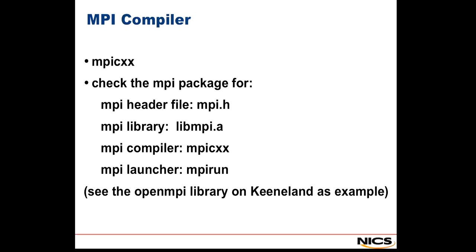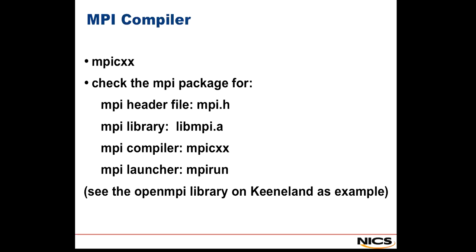Also, there's another executable you need to pay attention to. It's called the MPI launcher. After you compile your code and get your executable, if you want to run it across nodes, you cannot just type in your executable. It won't work. It will still run on one core or one node, and probably it will throw a bunch of error messages because you cannot execute the MPI command correctly. To run an MPI executable successfully, besides the executable itself, you also need another executable, which we may call the MPI launcher.